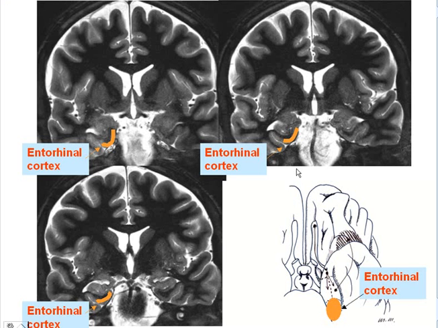This is to show the distribution of the entorhinal cortex. If you see the amygdala and hippocampal head, the portion of the parahippocampal gyrus located in the most anterior portion is anatomically called the entorhinal cortex.